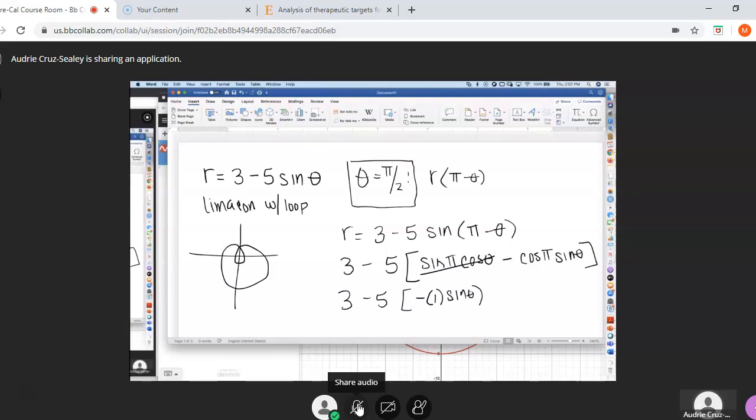If you distribute that negative 5, I messed up somewhere. Where did I mess up? Oh, this would be a positive 1. Sorry, because you have a negative 1. There we go. So that's a positive 1. So now if you distribute the negative 5, you get 3 minus 5 sine of theta, which is exactly what we started with. So you just proved that this is symmetric about pi halves.